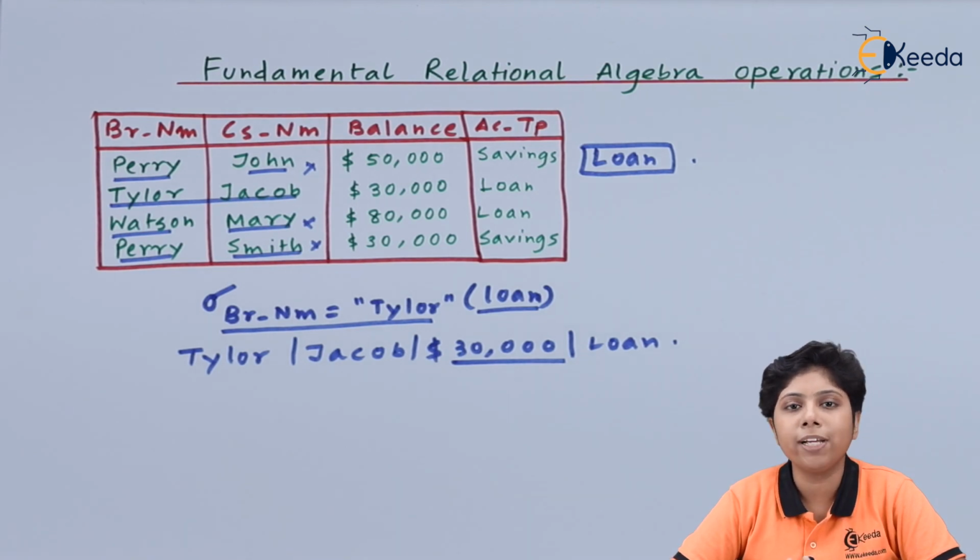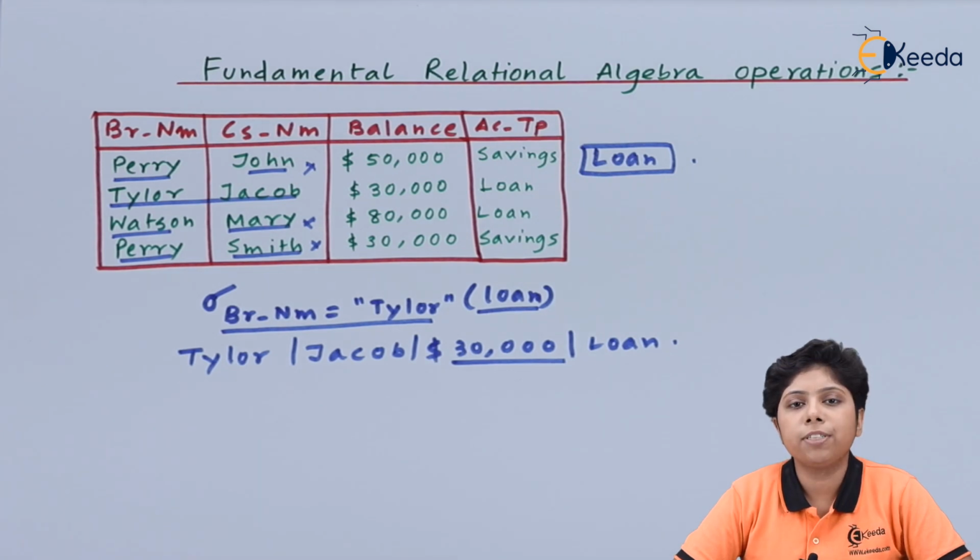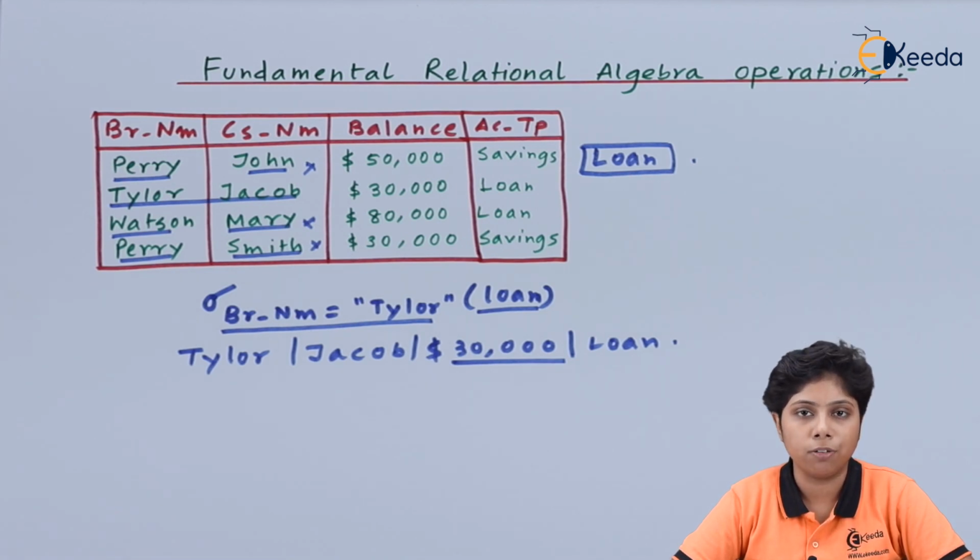Now we will see more examples to understand the basic use of select operations in relational algebra. Now we are using another query or predicate on the select operation, to fetch the balance, name and branch name of a particular person who has a balance greater than 40,000.